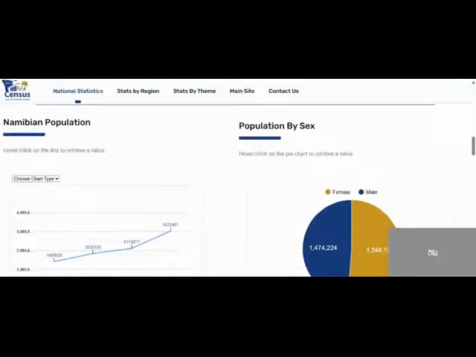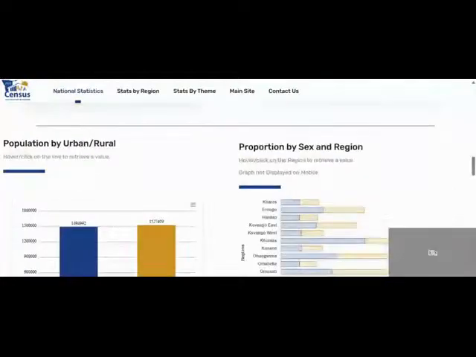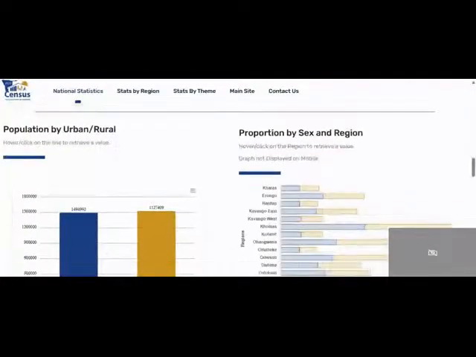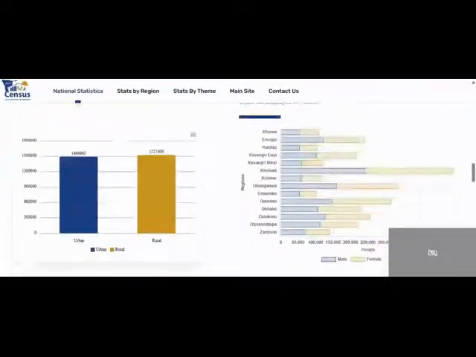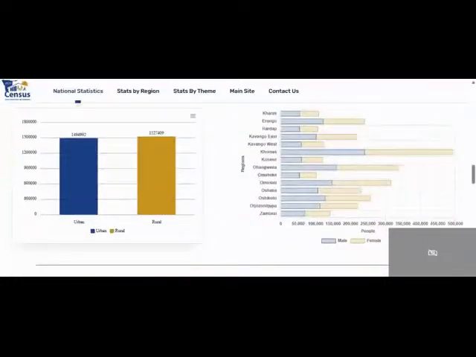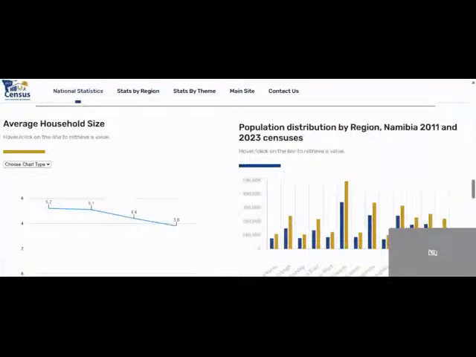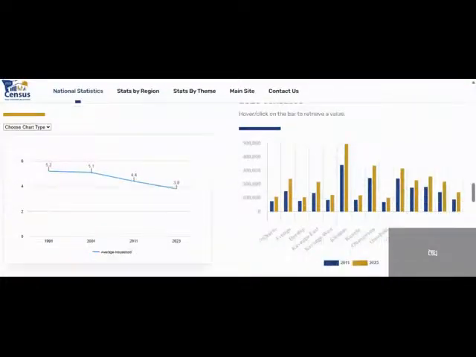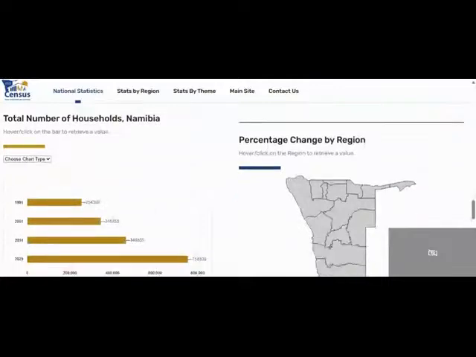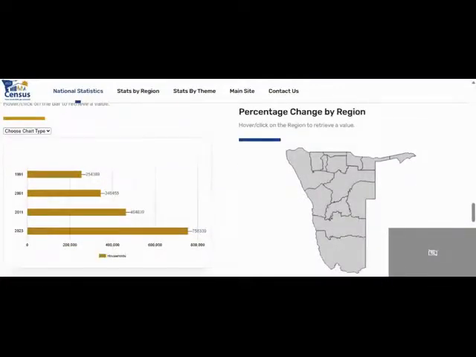Population by sex. No, bro. We want races. We want to see how many Herero, Owambo, all these. That's what we want to see. Not this nonsense here.